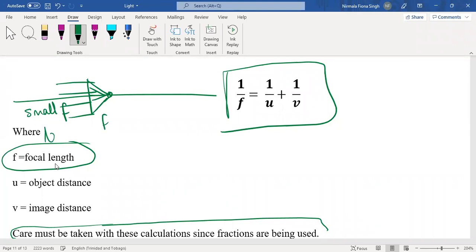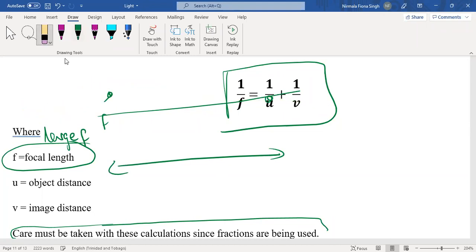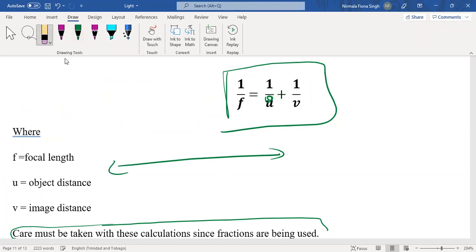If we have a large focal length, that means light is going to get deviated at very small angles. That means they're going to converge much further away. So focal length tells us how powerful our lens is. It tells us how much light bends by passing through our lens.